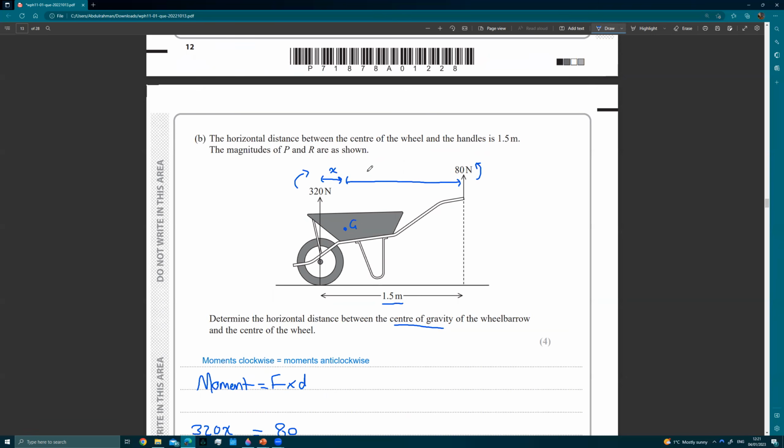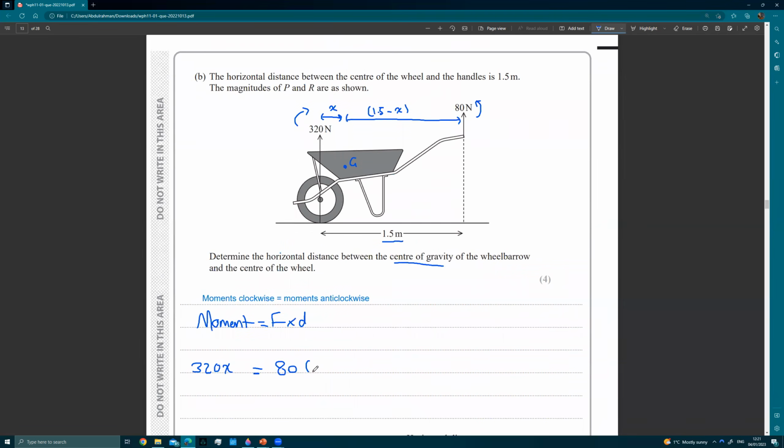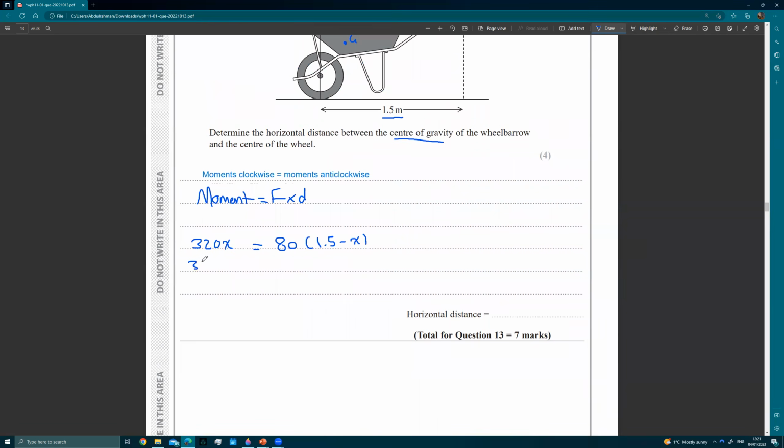So this distance is going to be 1.5 minus X. So multiplied by 1.5 minus X. And we need to make X the subject, so let's simplify. So 320X. Let's expand the bracket on the right. So 80 times 1.5 is 120 minus 80X. Let's take the minus 80X to the other side, which becomes plus 80X.